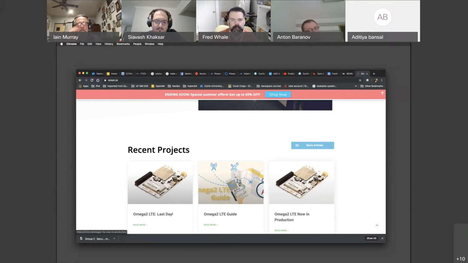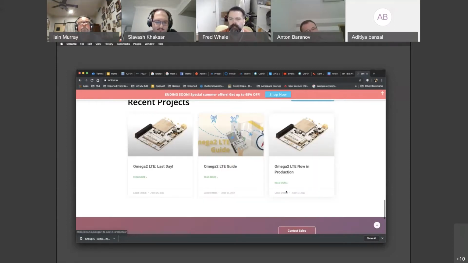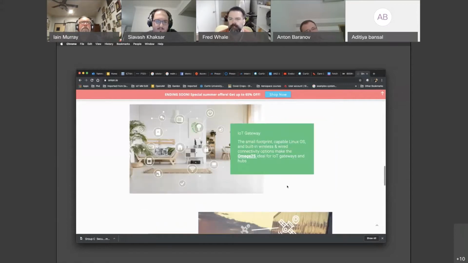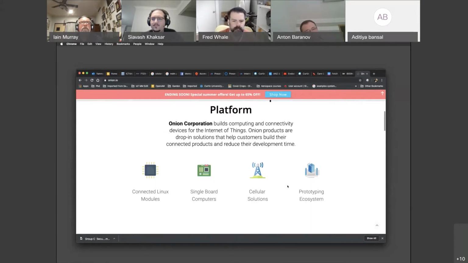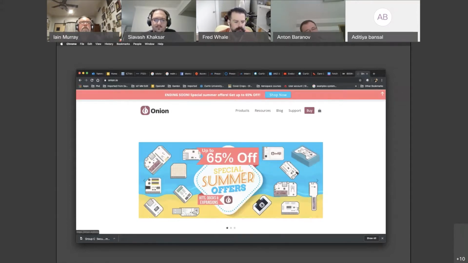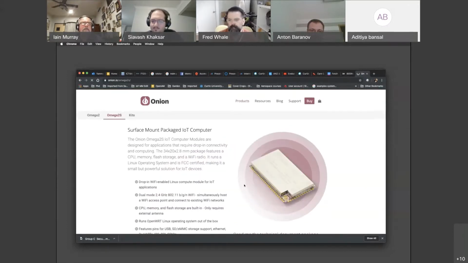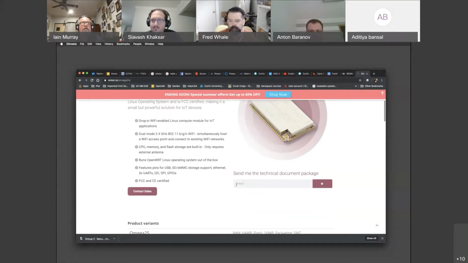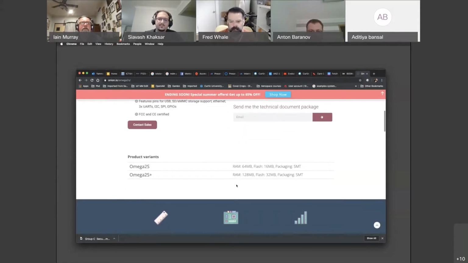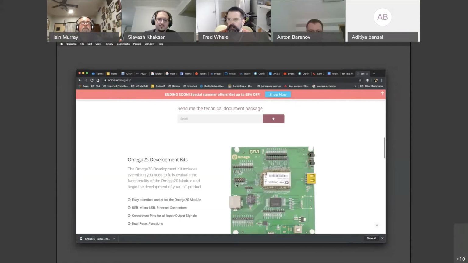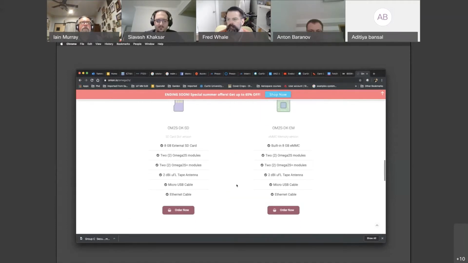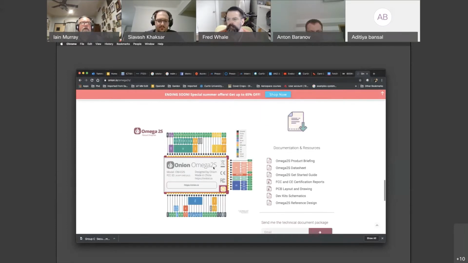You can plug them into an Arduino Uno equivalent board, so that you have your Arduino as the microcontroller and the Onion doing the actual processing. There it is, and that's the entire size of the package.